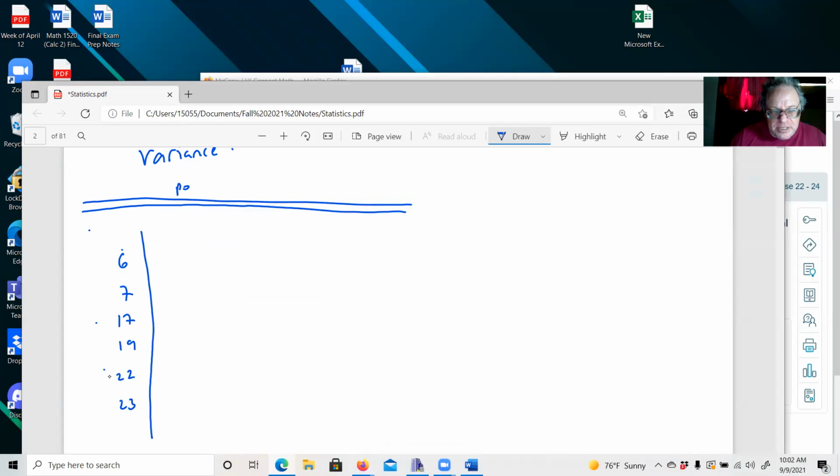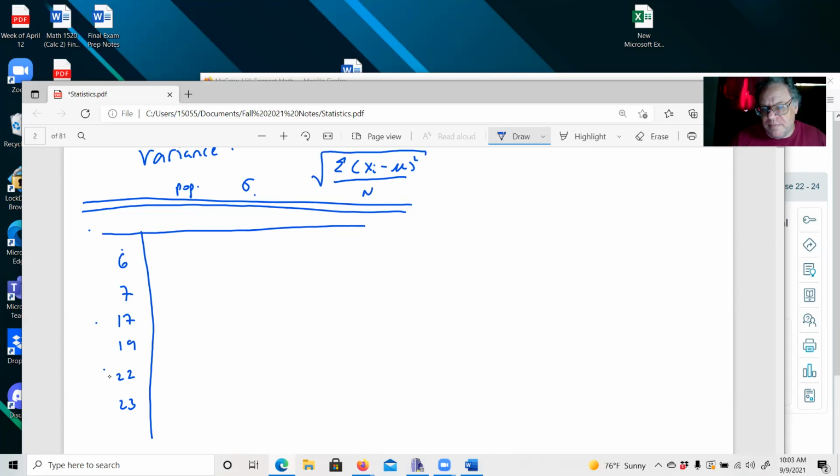So this is a population problem, right? So we're using the formula for sigma, which is the square root of the sum of xi minus the mean, squared, all divided by the total.